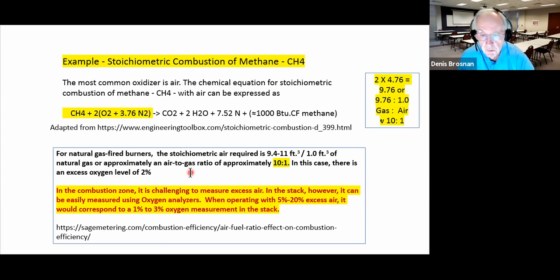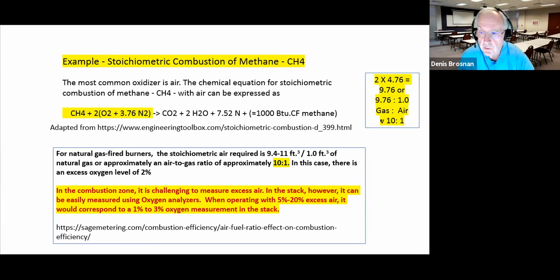So we typically want a little bit of oxygen in the flue gases that are exiting the kiln. And typically we'll use maybe 5 to 10% excess air in a typical combustion situation. That'll give us a little over 1% oxygen in the flue gas.